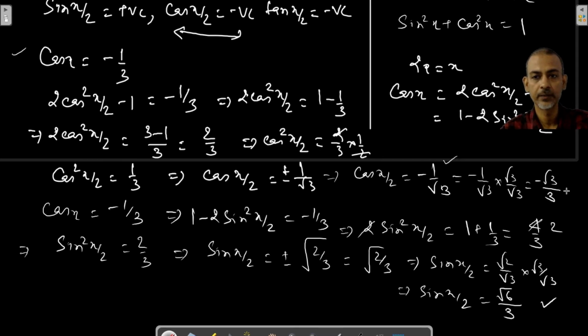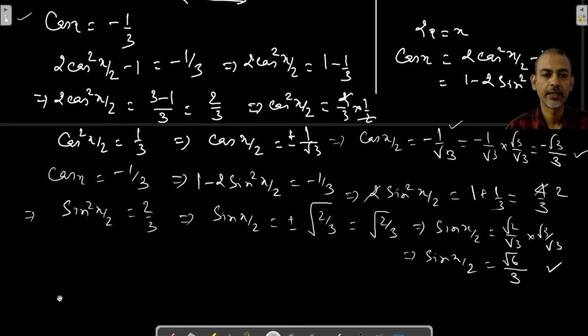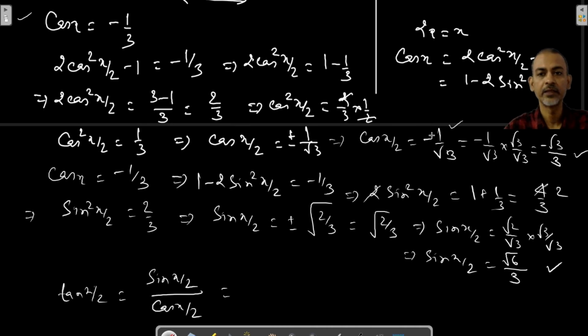You got cos x by 2, you got sin x by 2. With this, can you get tan x by 2, right? Tan x by 2 is going to be what? Tan x by 2 is going to be sin x by 2 divided by cos x by 2. My sin x by 2, the simple form I will take, was square root of 2 by square root of 3.